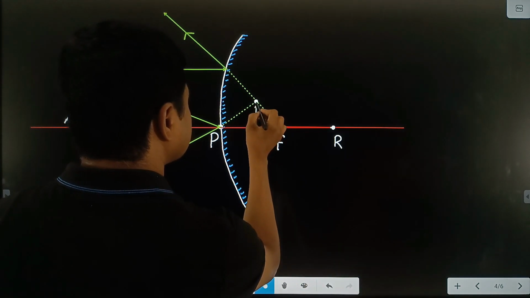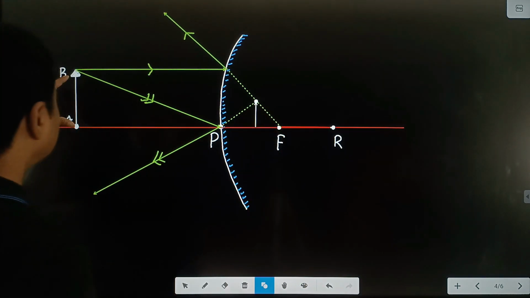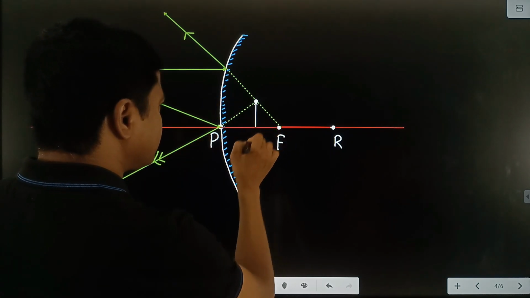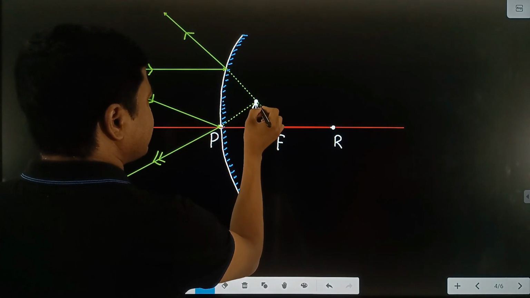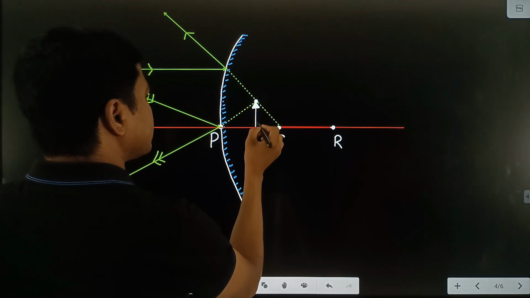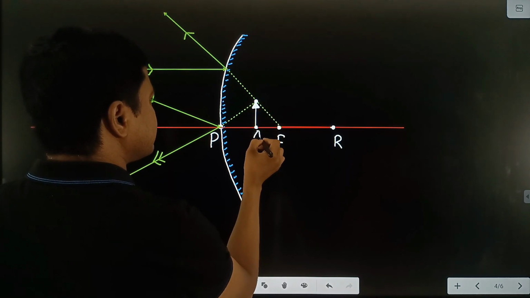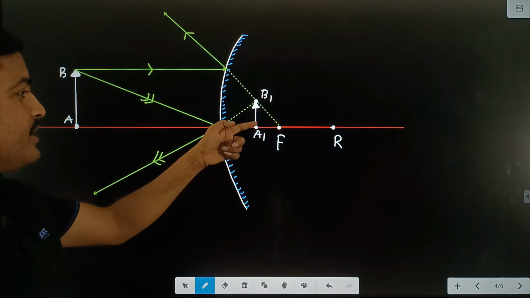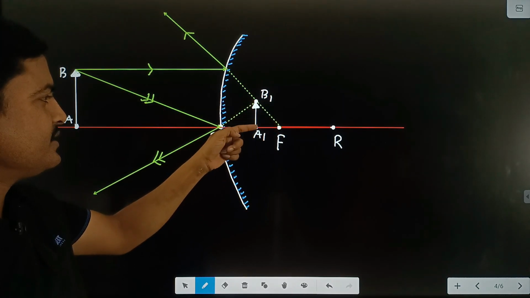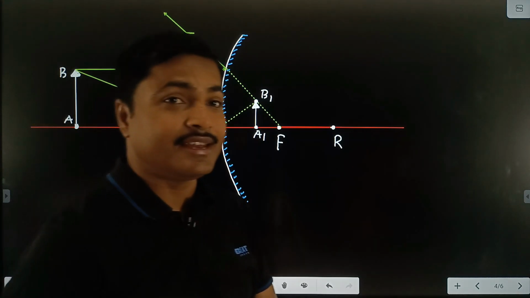This is the image. The object and image are always perpendicular to the principal axis. And this is the head of the image, and for the image size we write A1B1, and the image is not inverted. The image is not inverted, so it is an erect one.